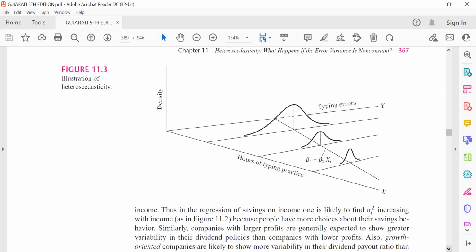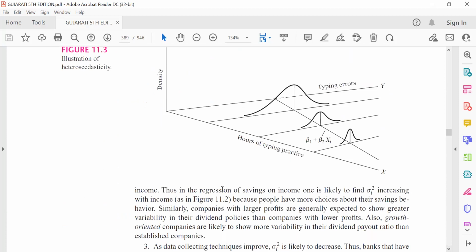Then if we have a lot of money and we buy a house, if our house is big, we have to spend more money to finance our electricity bill, for example.